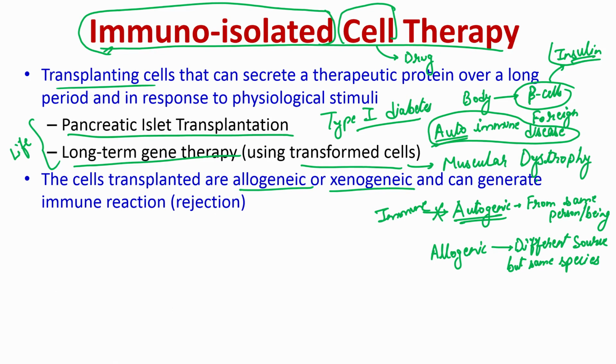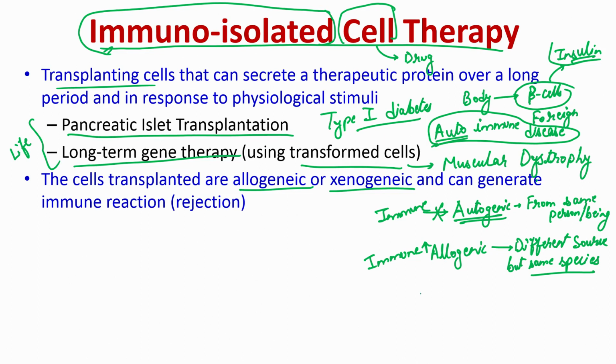The same could be applied to animals as well. Maybe one horse gets cells from another horse. As long as it is between the same species, it is called allogenic. Even though it is the same species, so almost 99% the same, there are still a little bit of differences between each of us, that is why we are all different, and the immune system will act on it. The immune system will go up and start to reject this.